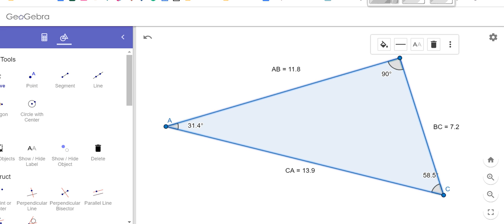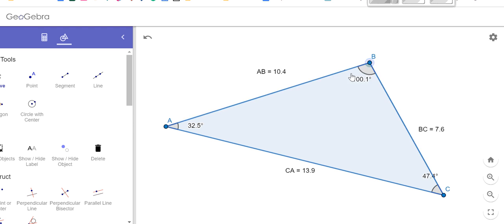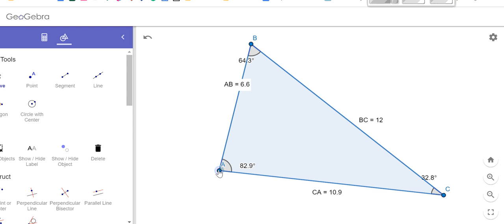Our largest angle was 90 degrees here. What's opposite of 90 degrees, the side length here, 13.9, is the largest side of the triangle. No matter how we move our triangle around, so let's get another iteration of a triangle here, my smallest angle is 32.5, so opposite of that is 6.5, and that is my smallest side.